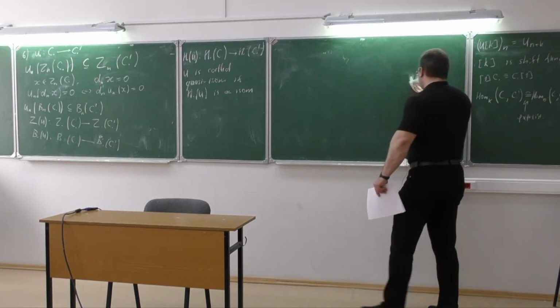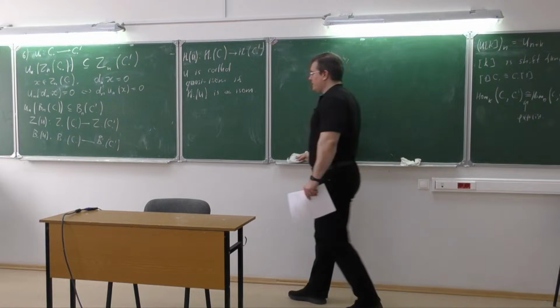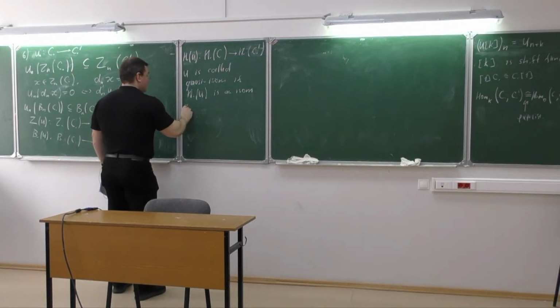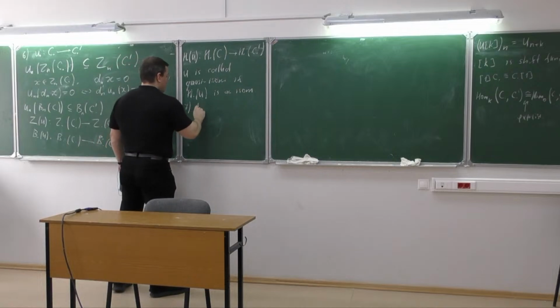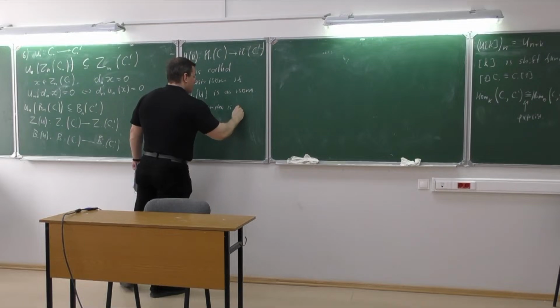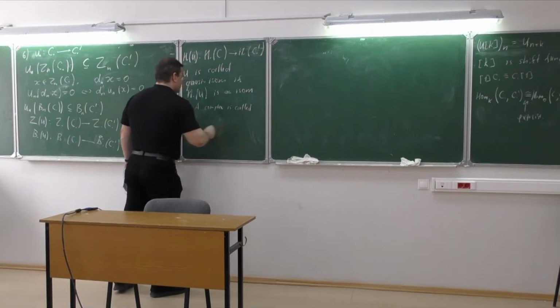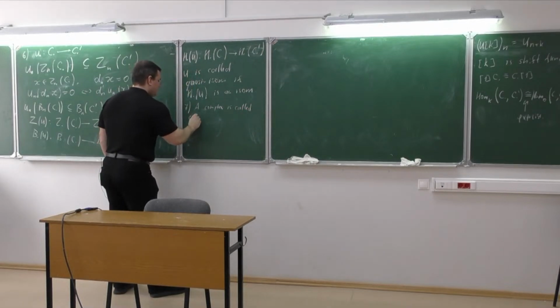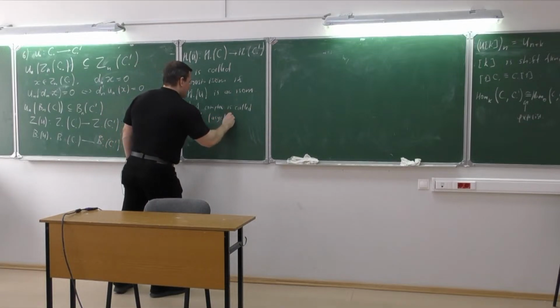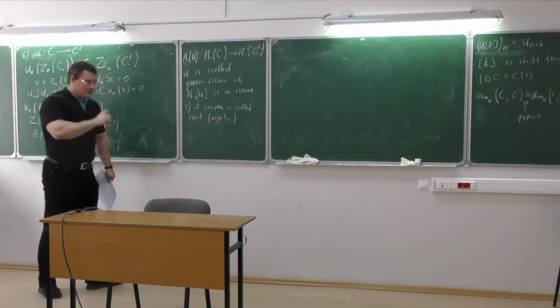Or maybe, actually, there is one more thing that I can say. So this is 7. A complex is called exact, and also you can say that the complex is acyclic.